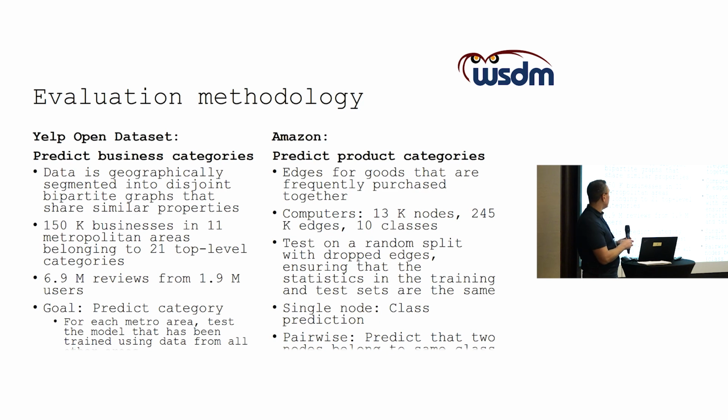So these are disjoint graphs that we can use for evaluation. Another data set we looked at is the Amazon product categories, where we artificially created the setting by splitting the data set into two halves and removing the edges between the test and train splits.